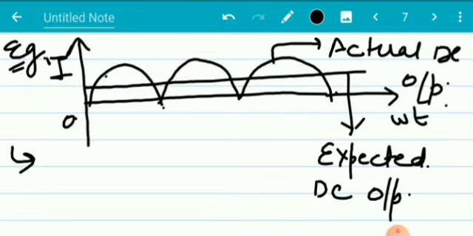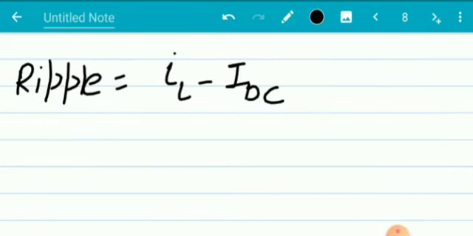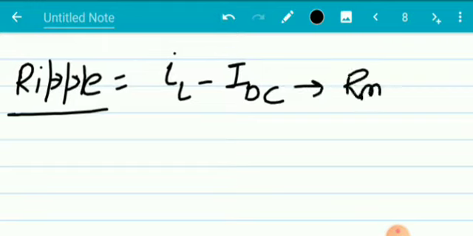Here the actual DC output we are calling IL, and the expected value of DC we are calling IDC. If we can calculate the RMS value of this ripple, then we will be able to calculate the ripple factor. So we will try to find out the RMS value of the ripple.